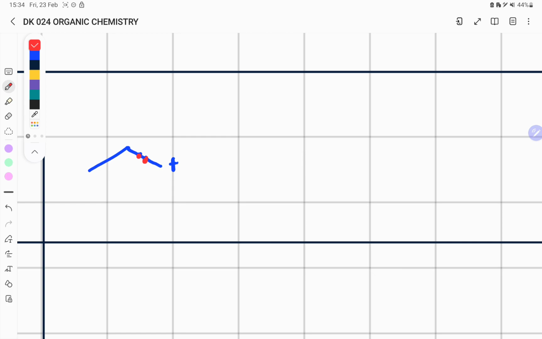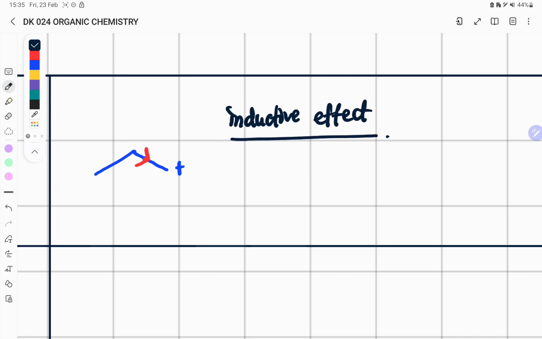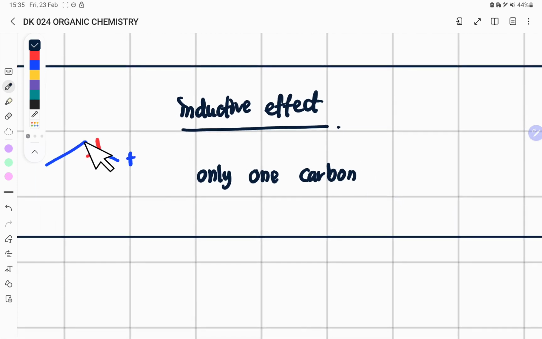So apa yang berlaku adalah, this is what we call as, kita guna anak panah atas garis macam tu, menunjukkan inductive effect. Okay, so only one carbon dekat sini, positive charge connected to one carbon.